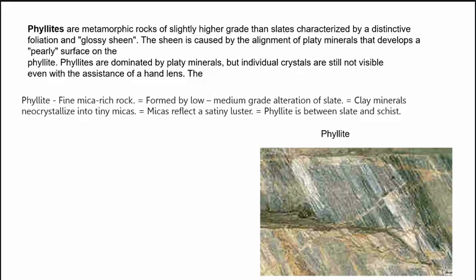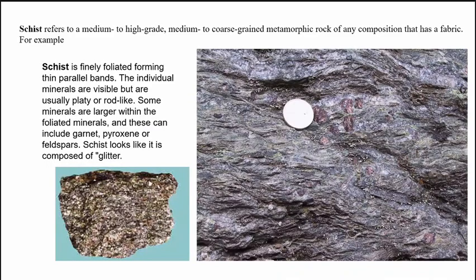The third foliated metamorphic rock is schist. You've seen a lot of schist on the field, and you're going to see a lot of schist because most of the rocks you're going to see during your field work are going to be schist. You're going to see a lot of biotite schist or mica schist.